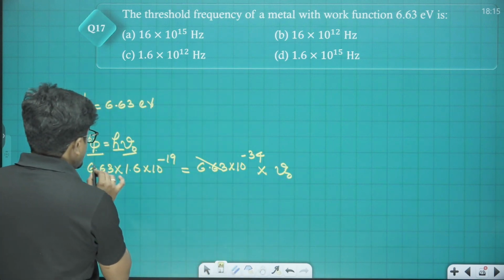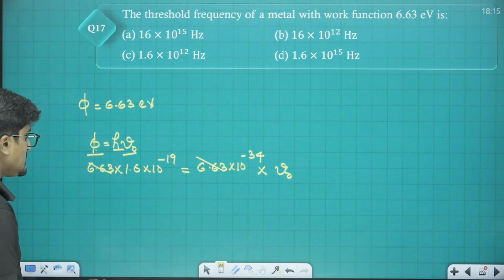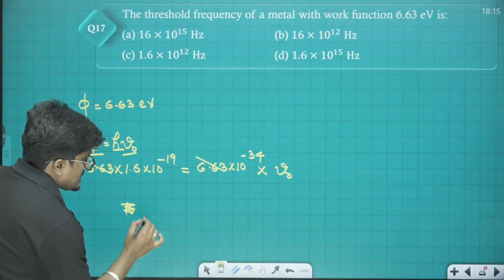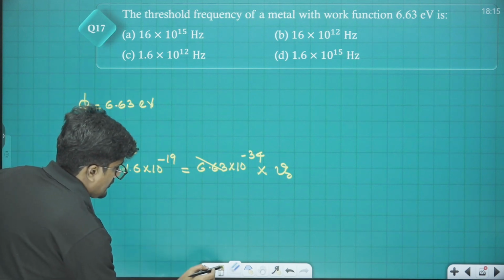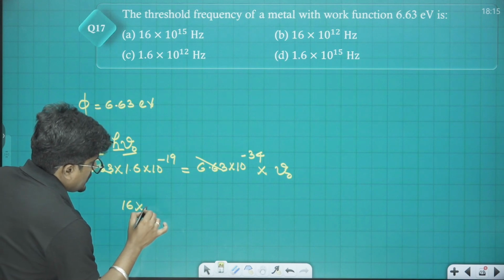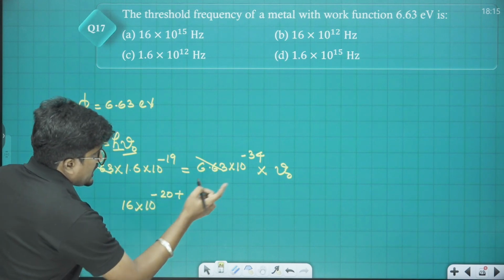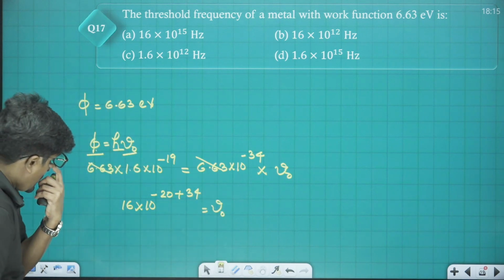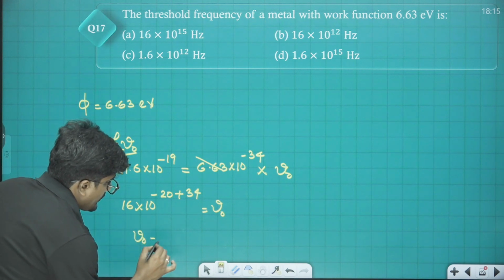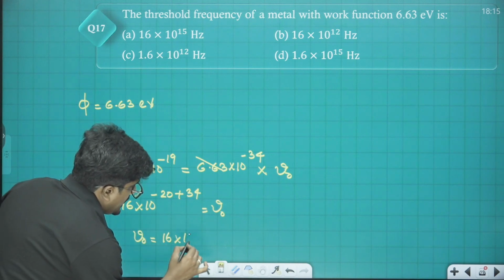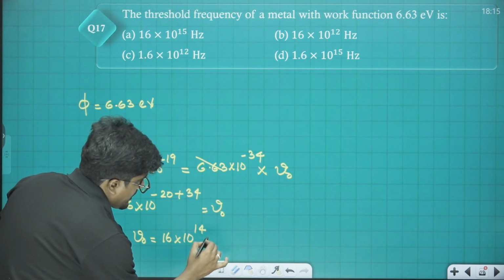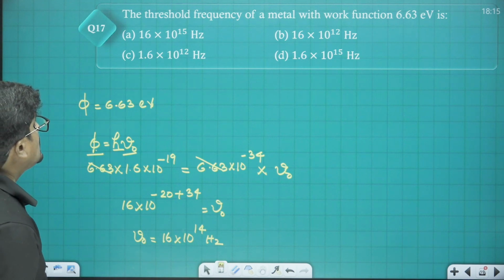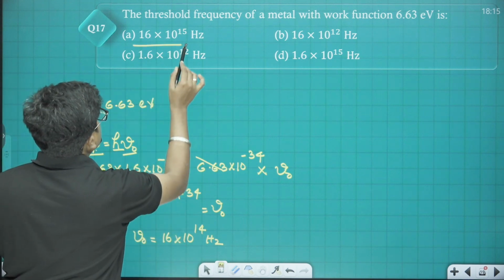All right, 6.63 and 6.63 will cancel each other. Let me take this towards the left. So here this is 16. I'm going to write this as 16 into 10 to the power minus 20 plus, once this comes to the right, this is going to be 34. So I may write nu naught equal to 16 into 10 to the power 14 hertz. 16 into 10 to the power 15 is there in the options, so that must not be the option.